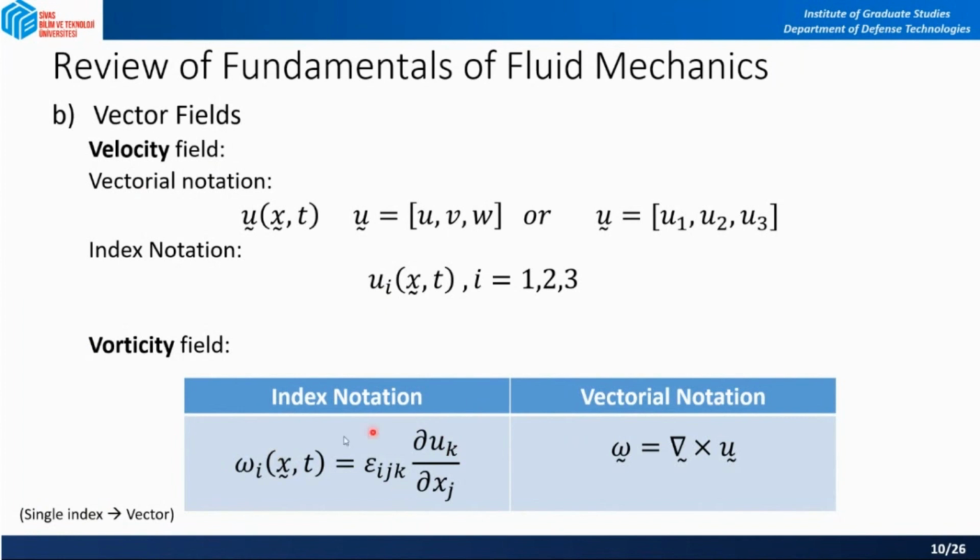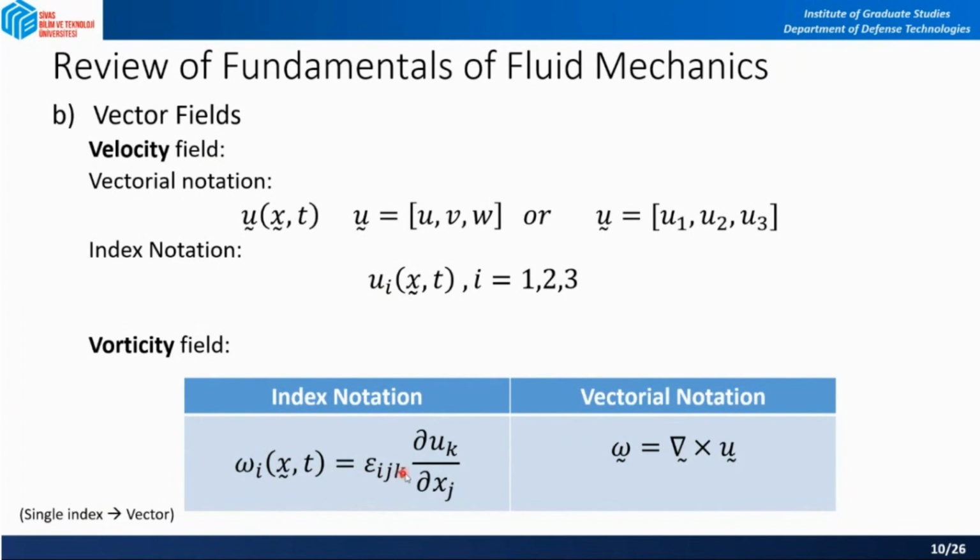And in index notation, you write it like this. Is this very complex? No, it's not very complex. This is vorticity in index notation, so you put i, one index, because it is a vector and it is a function of space and time.